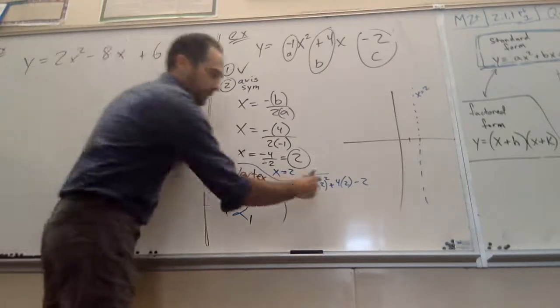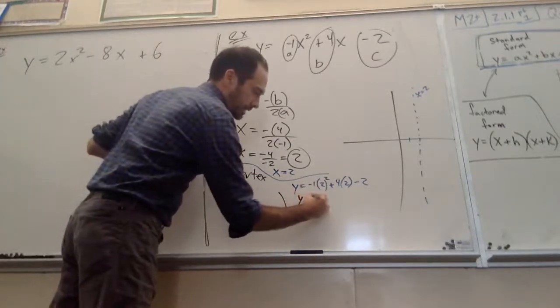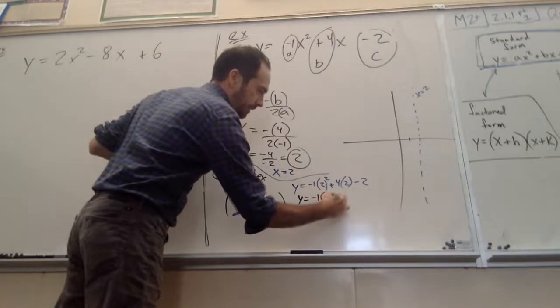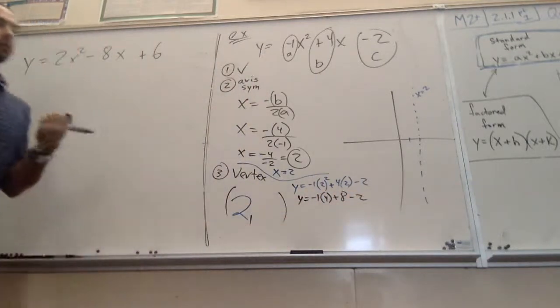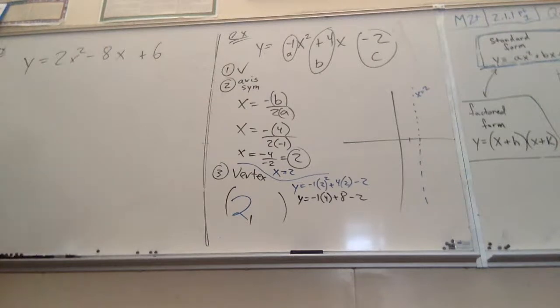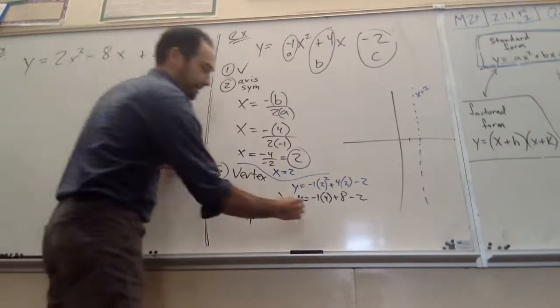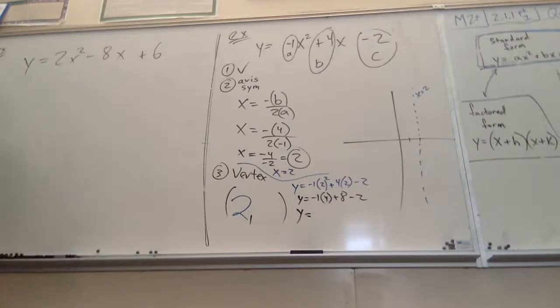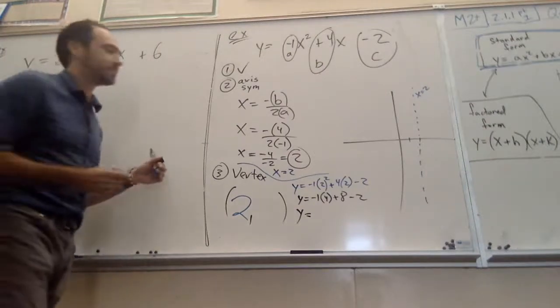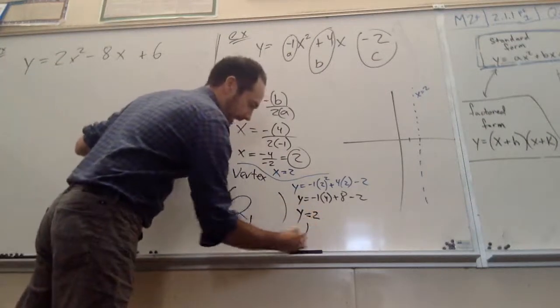We do exponents first. Negative 1 times 4 plus 8 minus 2. That might be enough to get us there. Y is equal to? 2. That goes there.